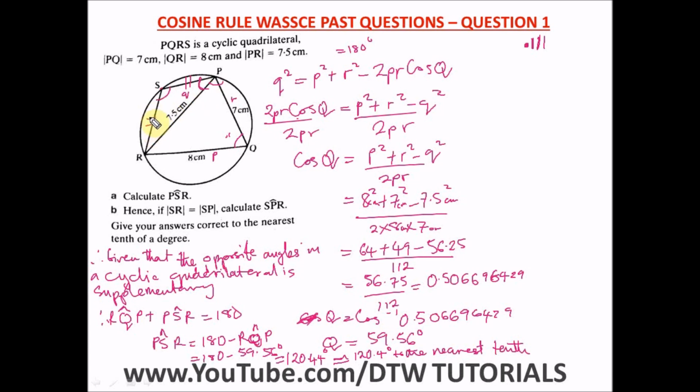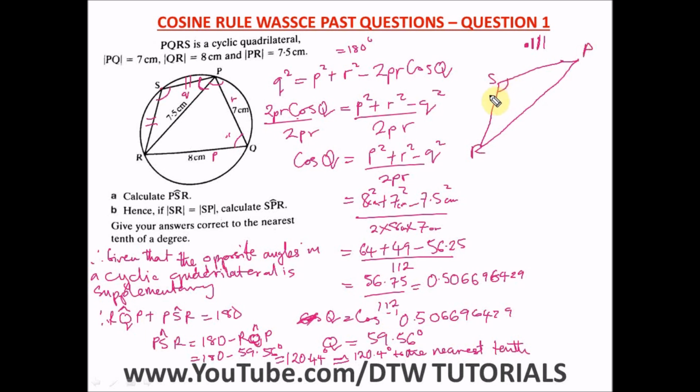To get this angle, the question says if this is equal to this. If you have two sides equal, you now have an isosceles triangle. So let's take out this triangle. We have this, something like this. So this is S, this is R, and this is P.